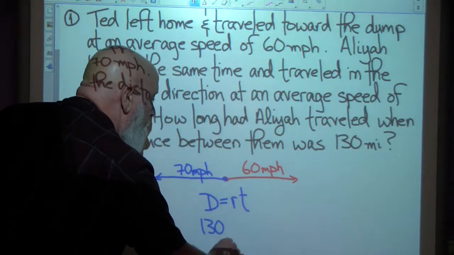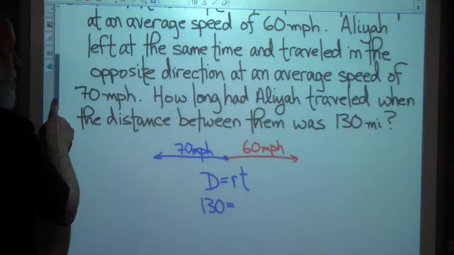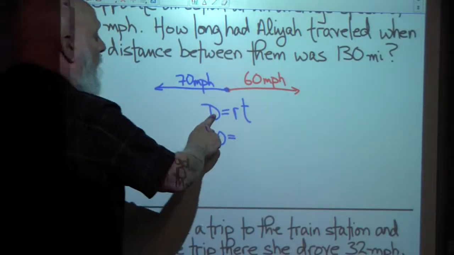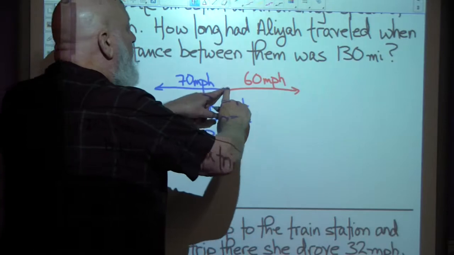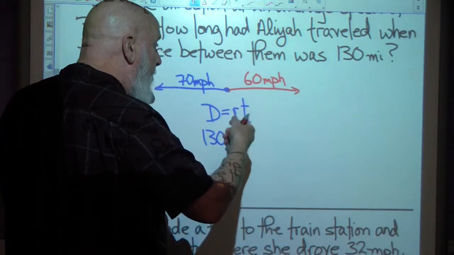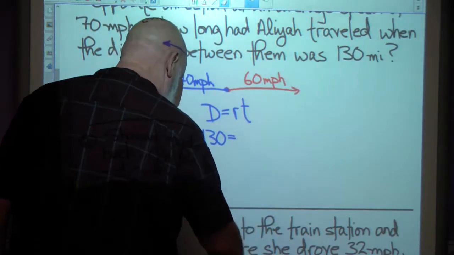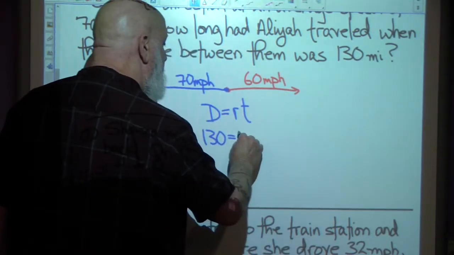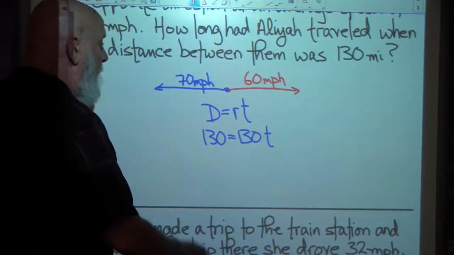I'm sorry, 130 miles is equal to, let me scroll this a little bit. Our distance, which is 130 miles, is equal to the rate. Well, they're moving away from each other at 130 miles an hour, times the time. I think you guys have this figured out already, I'm sure.